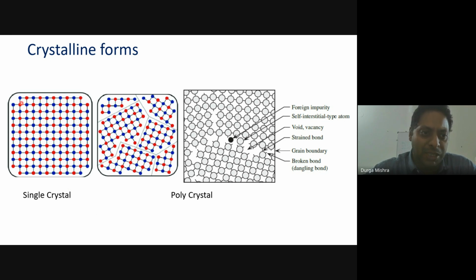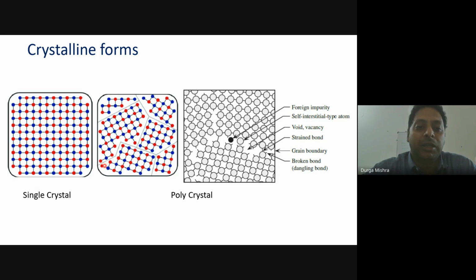What you see is atoms are perfectly ordered and arranged, so there are no deformations, no defects, nothing. All the atomic positions are occupied, with well-defined planes and well-defined orientation. So this is what you call a perfect crystal or a single crystal.